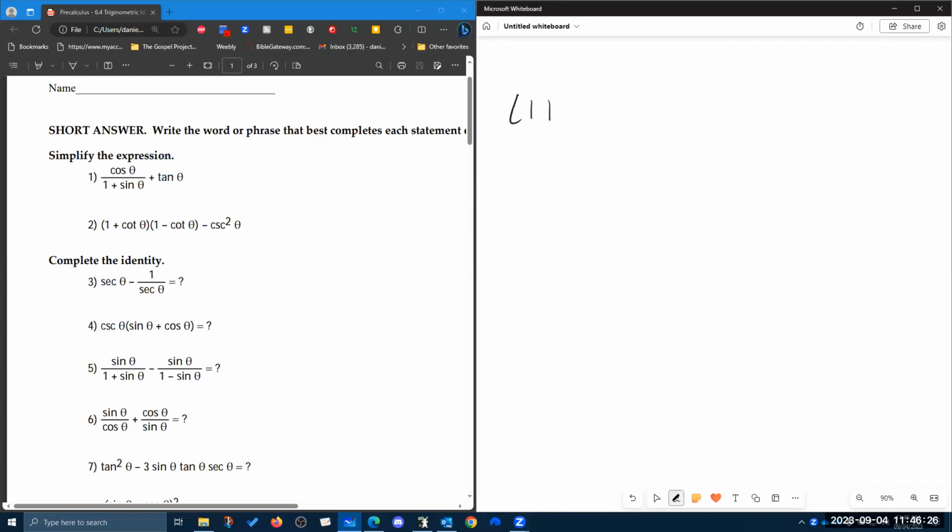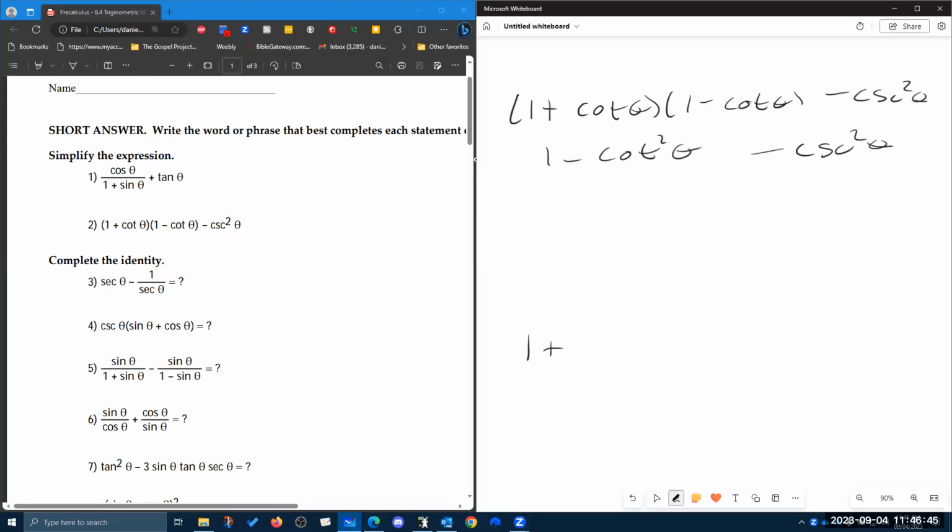Now we have 1 plus cotangent theta times 1 minus cotangent theta minus cosecant squared theta. So this is going to turn into 1 minus cotangent squared theta minus cosecant squared theta. Remember that 1 plus cotangent squared is equal to cosecant squared.